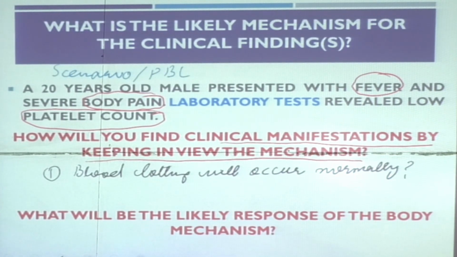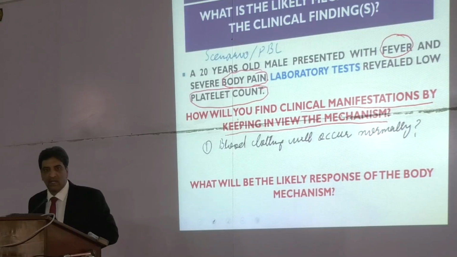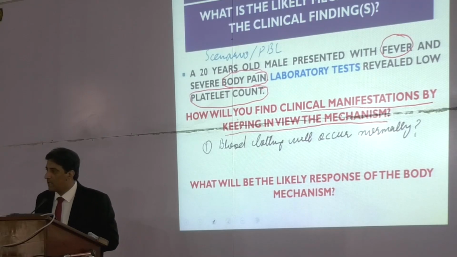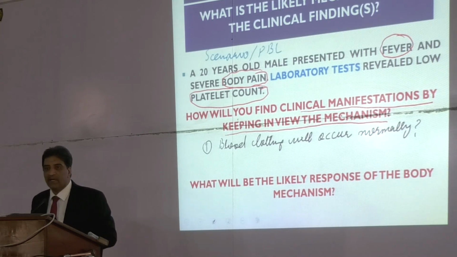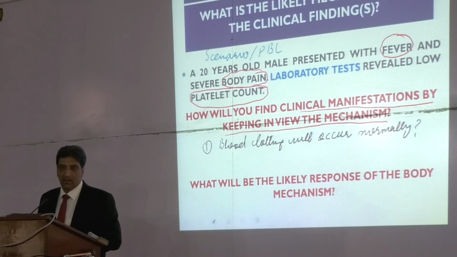So how much should the level of platelets fall to cause this issue, that the blood clotting becomes abnormal? Minor holes are produced continuously in our blood vessels. They are sealed by the platelets.